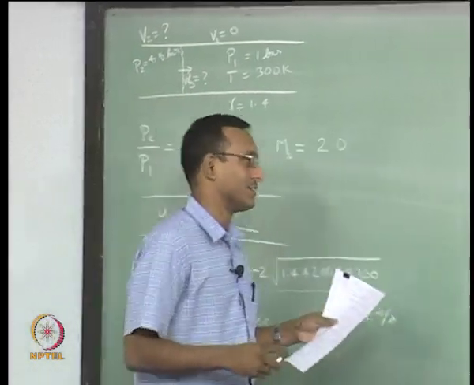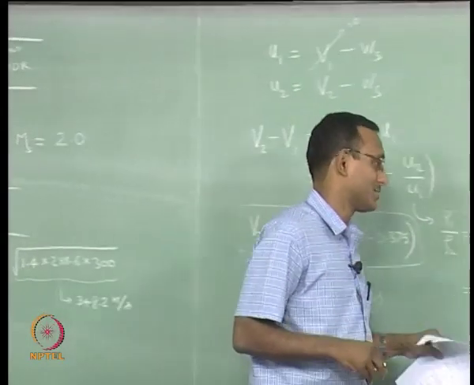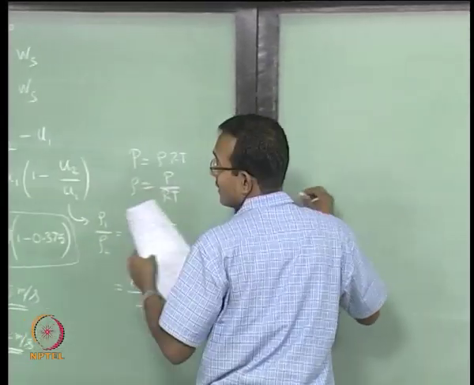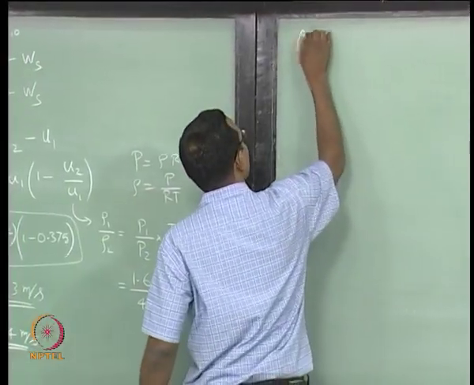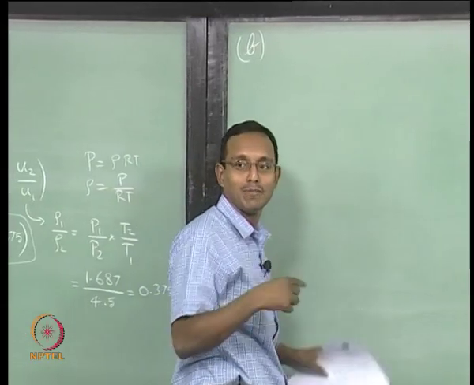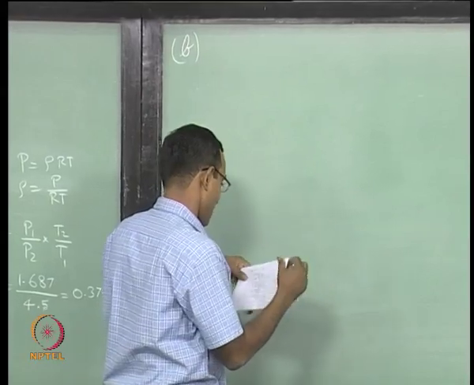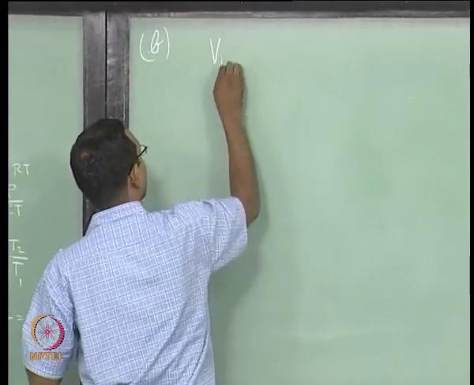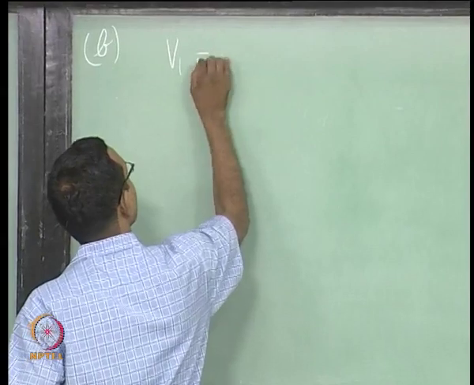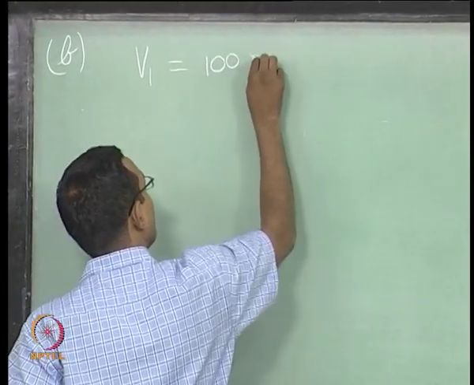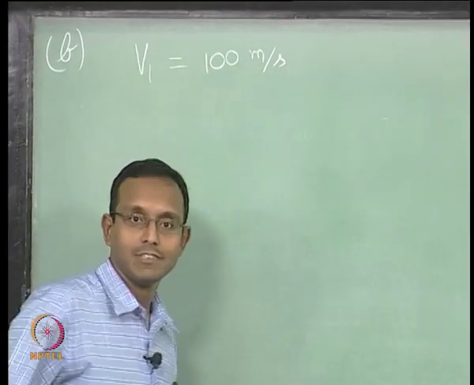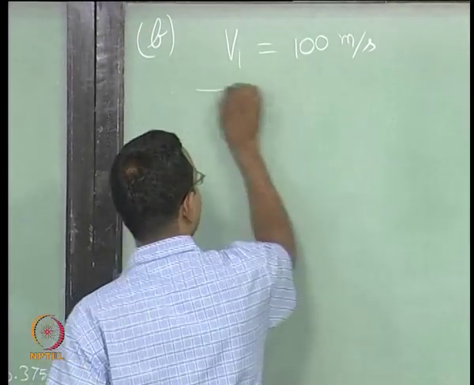We will go and look at another problem with a little more modification. Okay. I called this one problem A. I want to refer to this problem again, so we will call this one problem B, okay, where we want to say that V1 is non-zero. It is given to be 100 meter per second, exactly same problem.